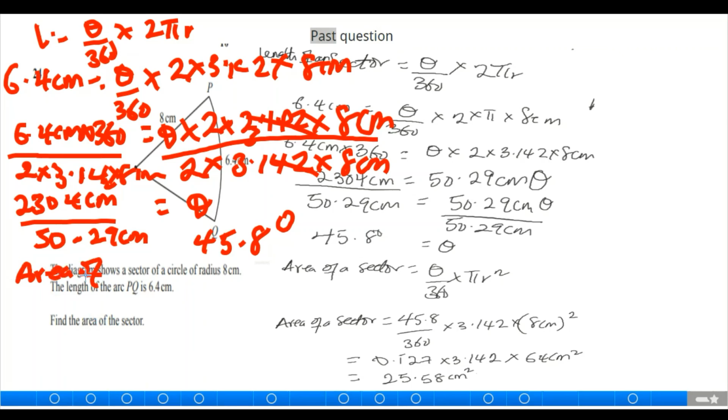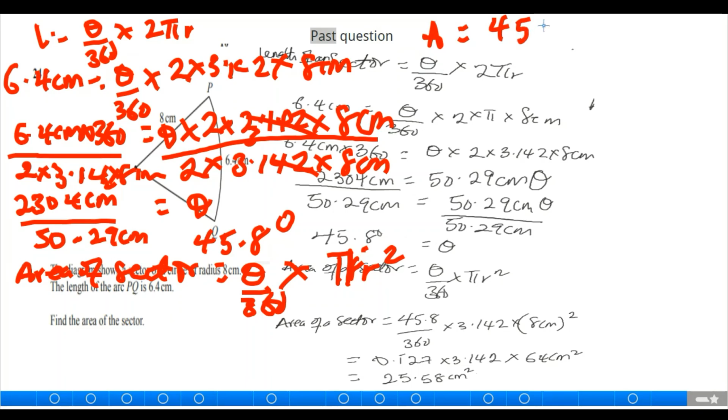So we have the area of the sector. The formula is theta over 360 multiplied by the area of the circle, which is πr². We have gotten our theta to be 45.8, multiplied by 3.142 multiplied by 8 centimeters all squared. That is the radius, right?